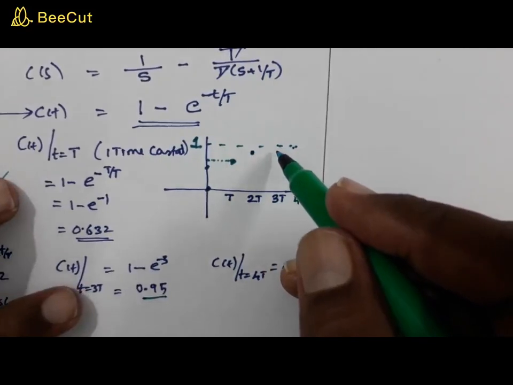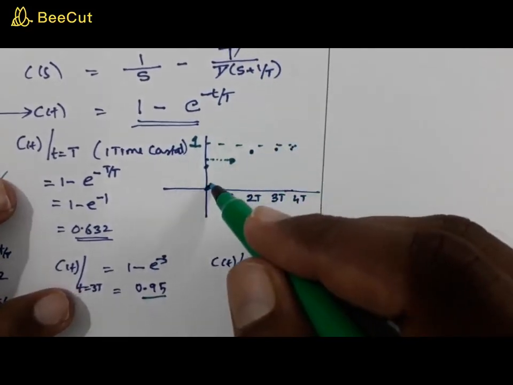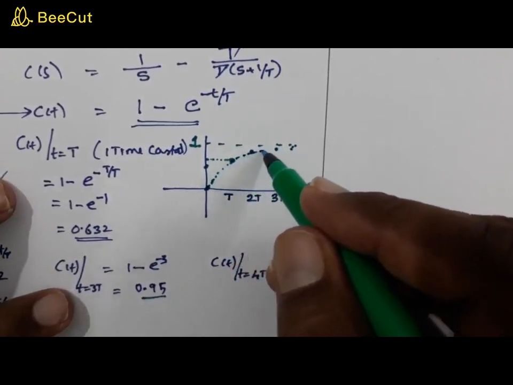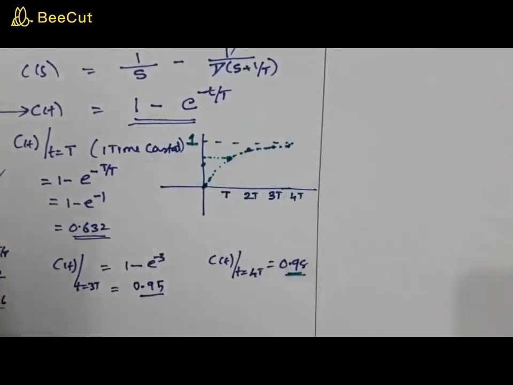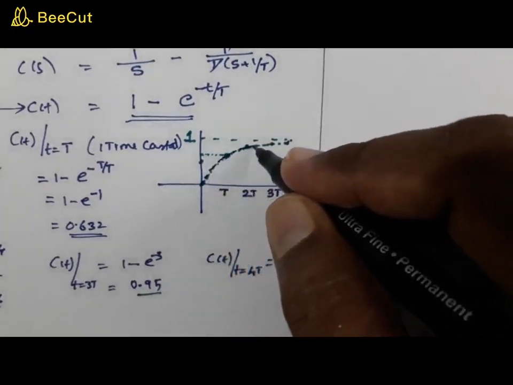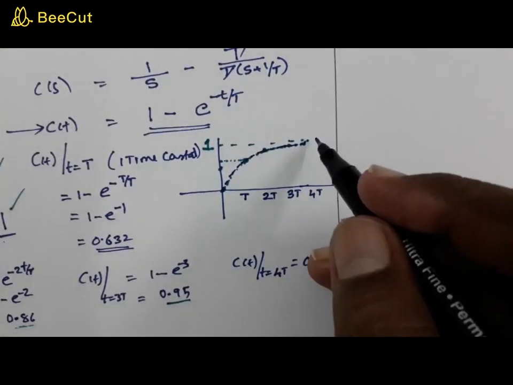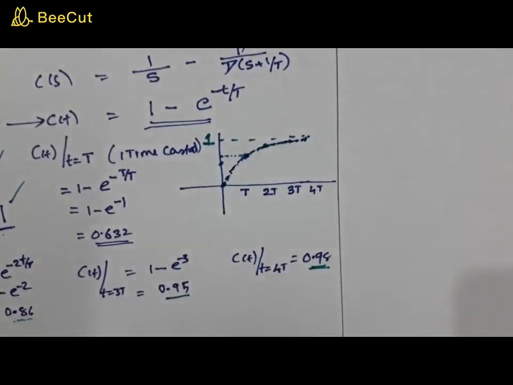Now at 3τ it becomes 0.95, and it becomes closer and closer. So joining these points, you can join these lines, and you are going to get a graph like this, but it will reach 1 only at infinity.